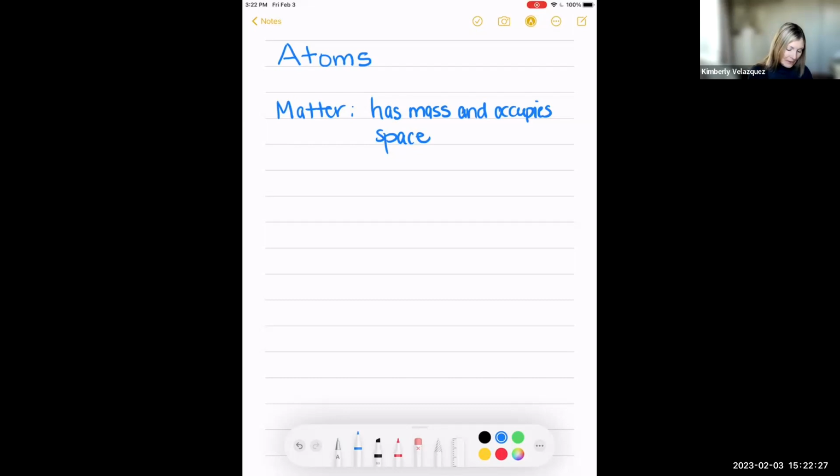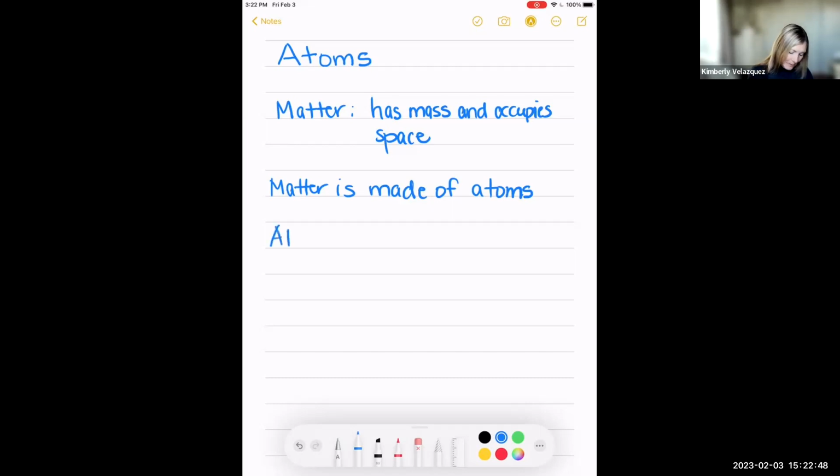And all matter is made of atoms. Atoms are the smallest particle you can break matter down to that still retains all the chemical properties of that element.